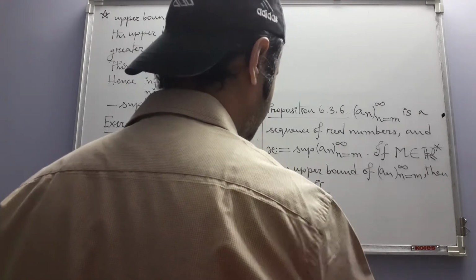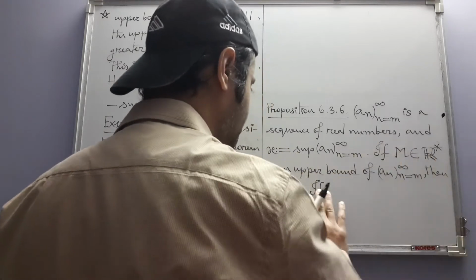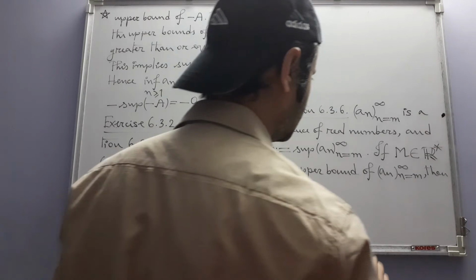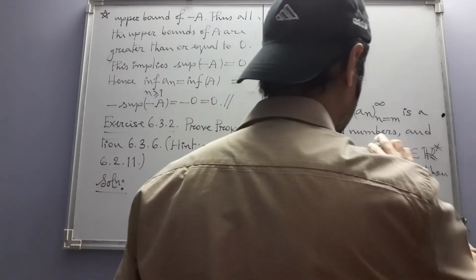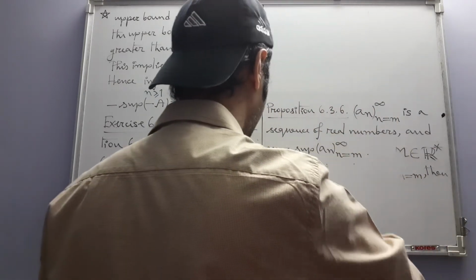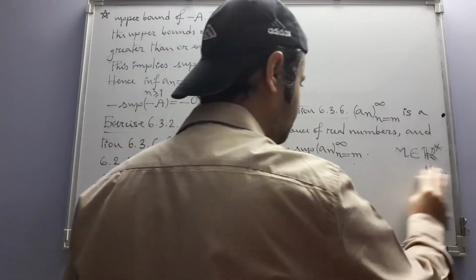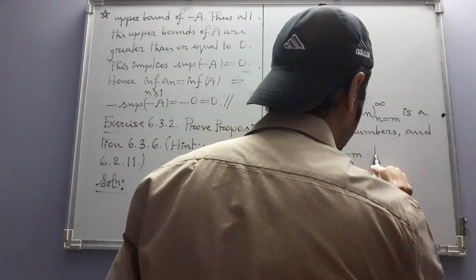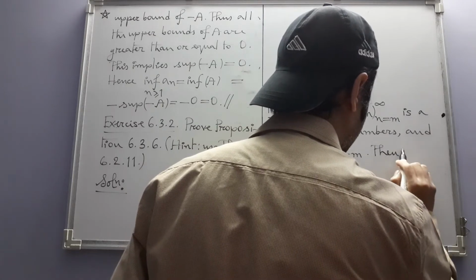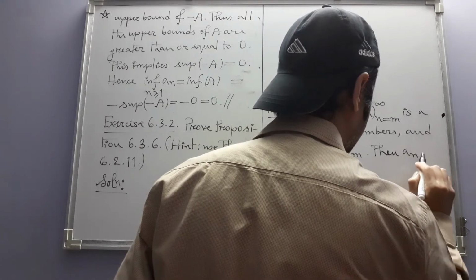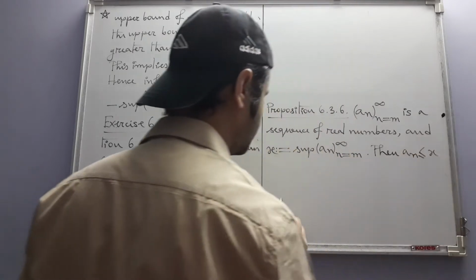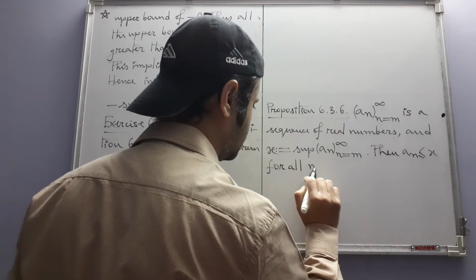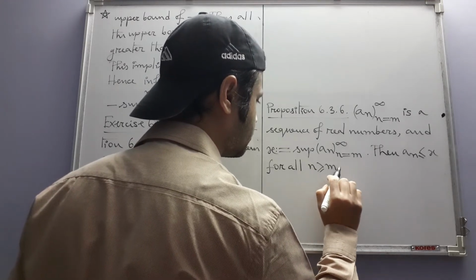Okay, but besides this, actually before this there is something else. Let me write the things in order, otherwise it will confuse us. Then an is less than or equal to x for all integers n greater than or equal to m.